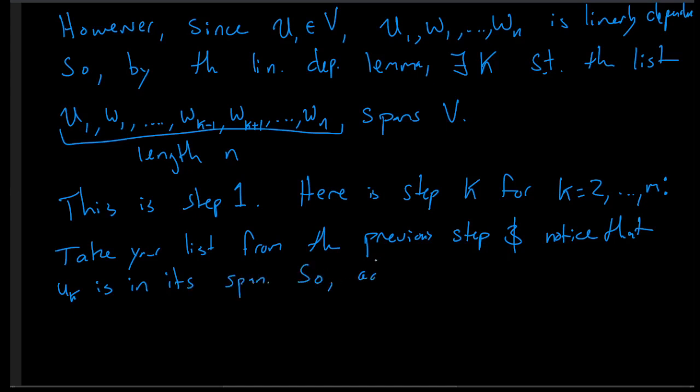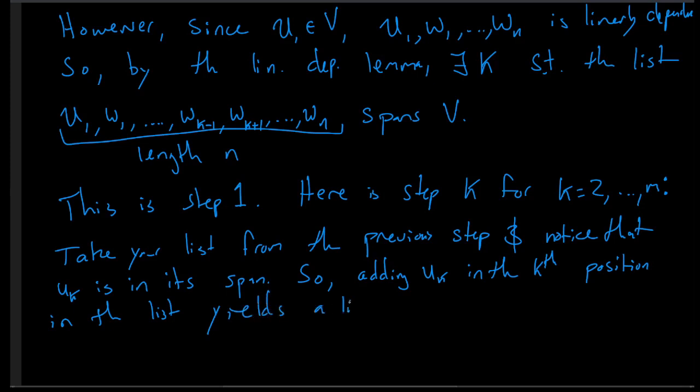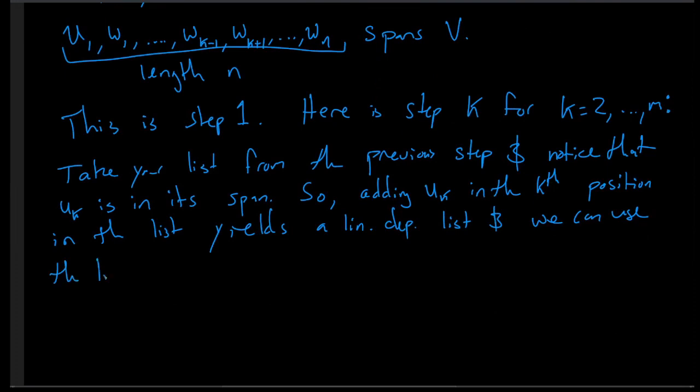So adding Uk in the kth position in the list yields a linearly dependent list, and we can use the linear dependence lemma to remove an element.